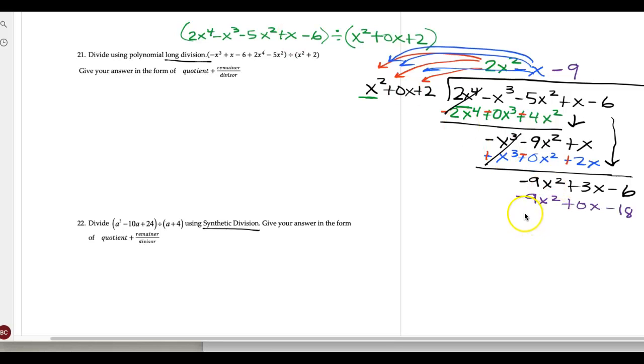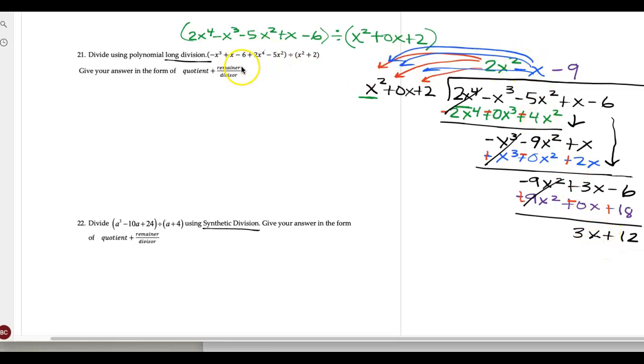And combine those together, but I've got to change the signs first. And when I do that, I'm left with 3x, and then that's going to be plus 12. Negative 6 plus 18 is a positive 12. And there's nothing more to bring down, so that means this is the remainder.